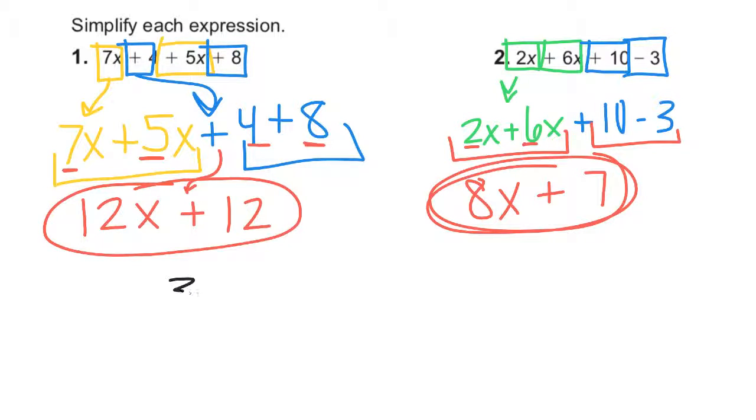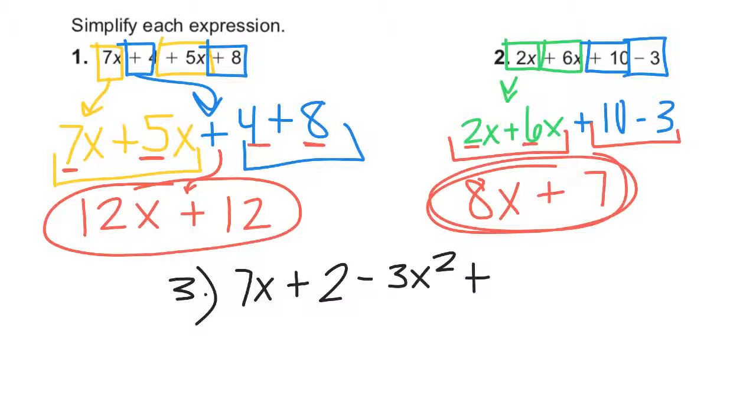Let's go ahead and look at one more example with this. And I want to look at the example of 7x plus 2 minus 3x squared plus 2x. So if we take a look at this example, I want to go ahead and look for the things that are the same.